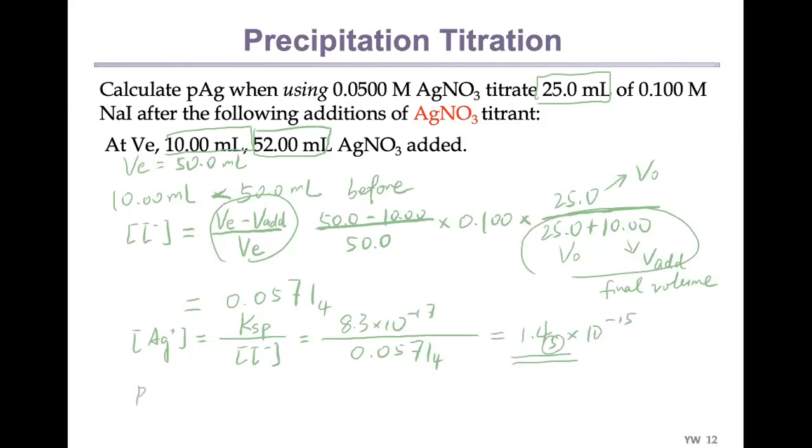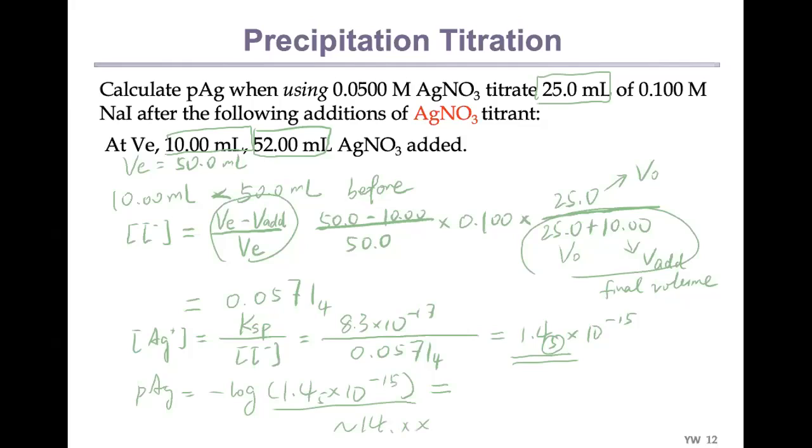And then you do the pAg, which is negative logarithm of 1.45 times 10 to the negative 15. When you're looking at this number, you know that this number should be 14 point something, okay? If you don't get 14 point something, it means something is wrong with your calculation because we have negative 15 here, right?